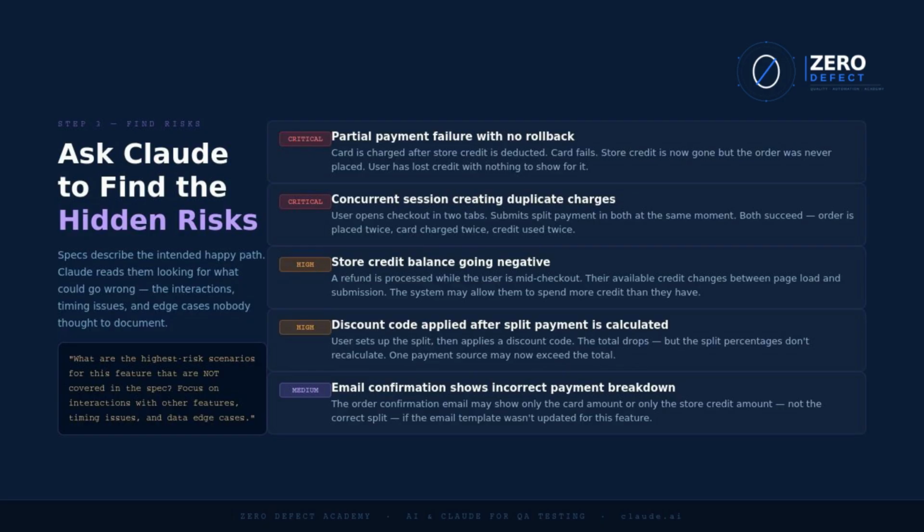This scenario is not mentioned anywhere in the spec. Critical, concurrent sessions. 2 browser tabs submitting the split payment at exactly the same moment. Both succeed. The order is placed twice, the card is charged twice, the credit is used twice. Completely absent from the spec. These 2 bugs would have shipped and been found by users if nobody had thought to test for them. Claude found them from a plain English description of the feature.